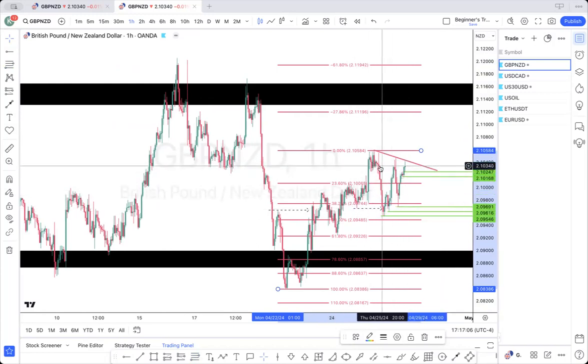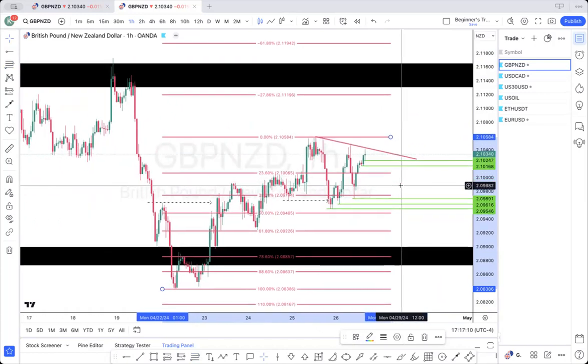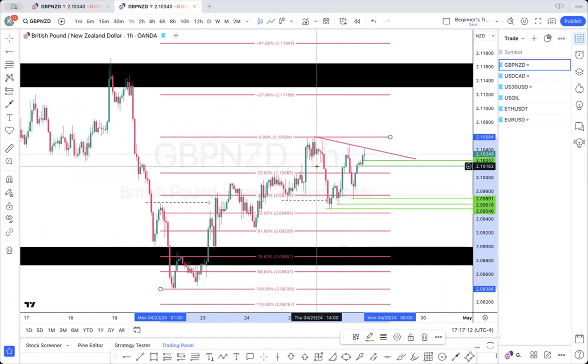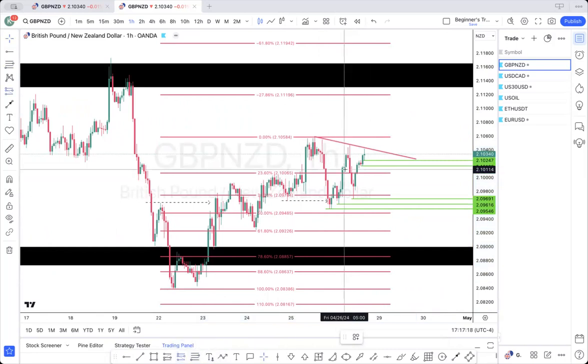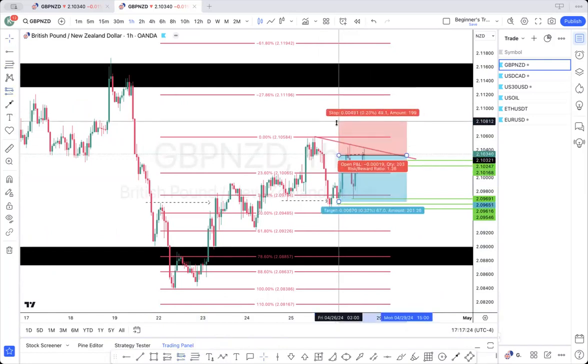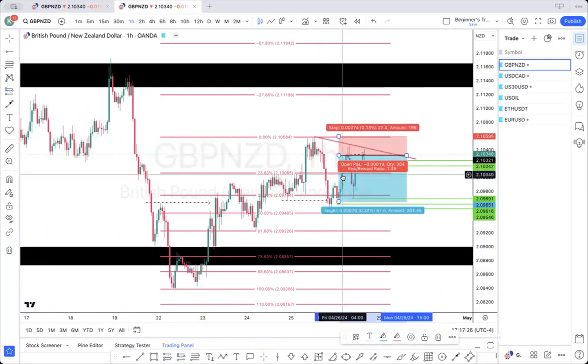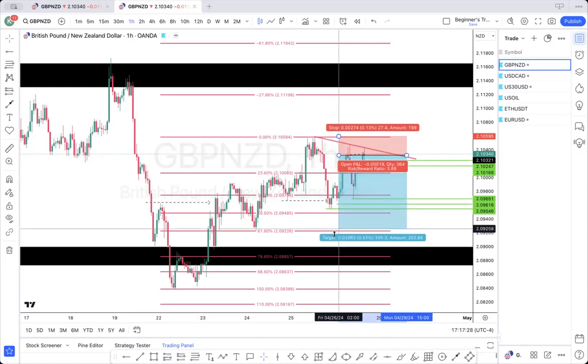So now that price has pulled back up to this zone, now I'm really looking for price to come down here.